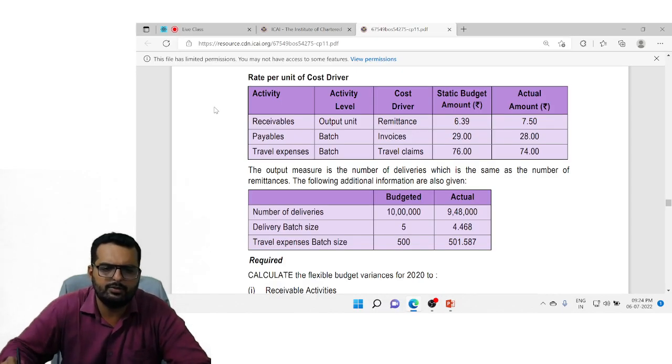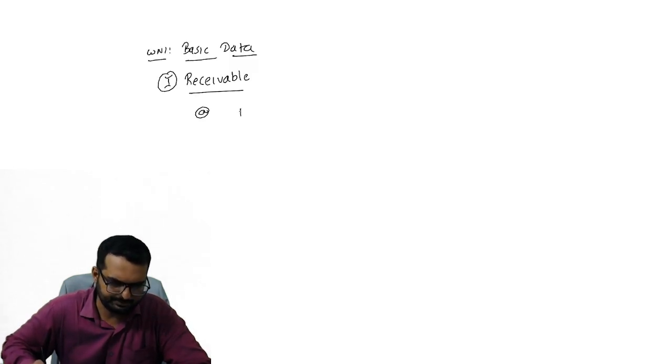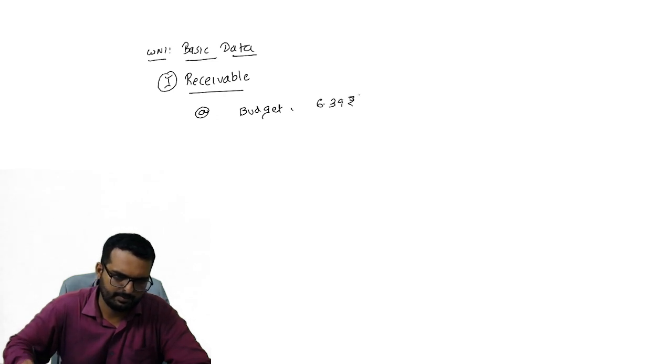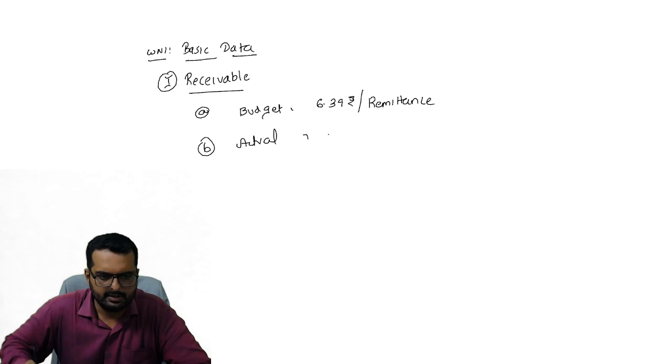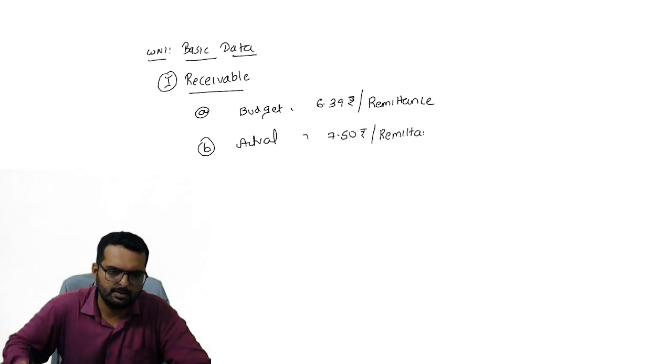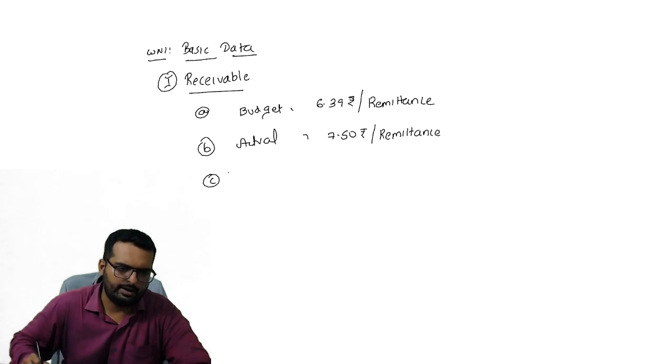For receivable, they have told the budget is 6.39 per remittance. Am I right? Point number B, the actual is turning out to be 7.50 rupees per remittance.